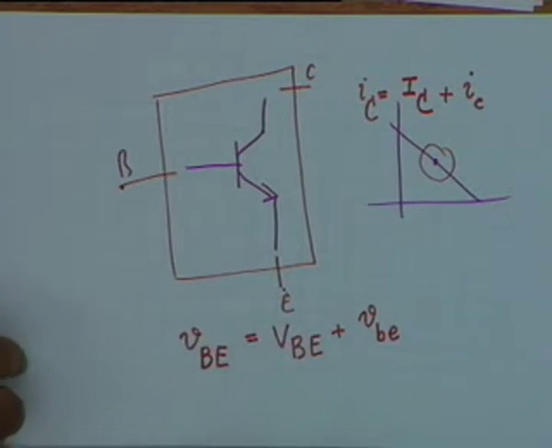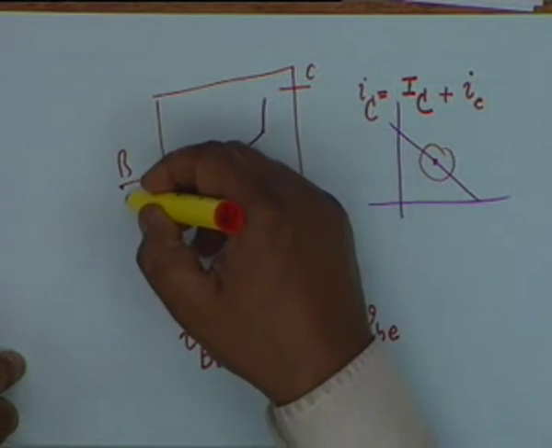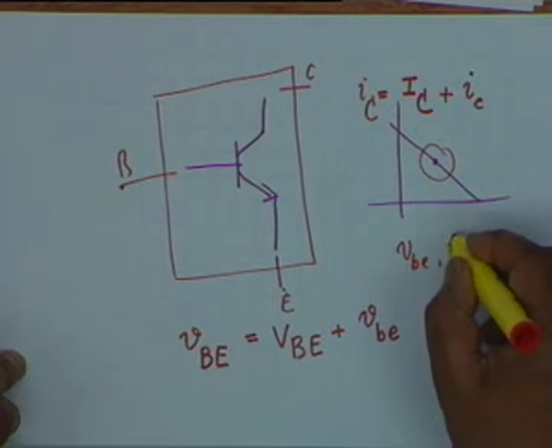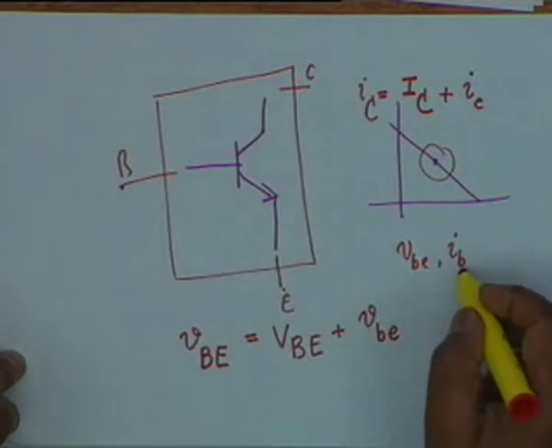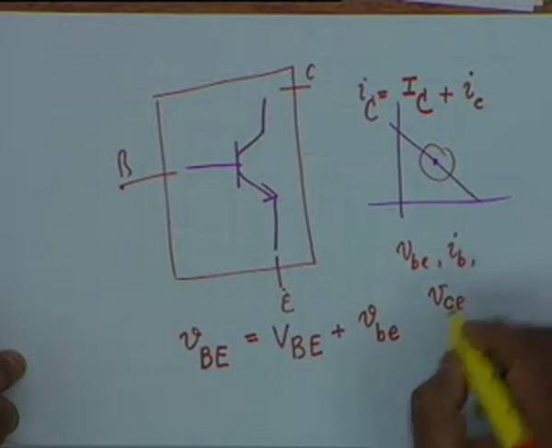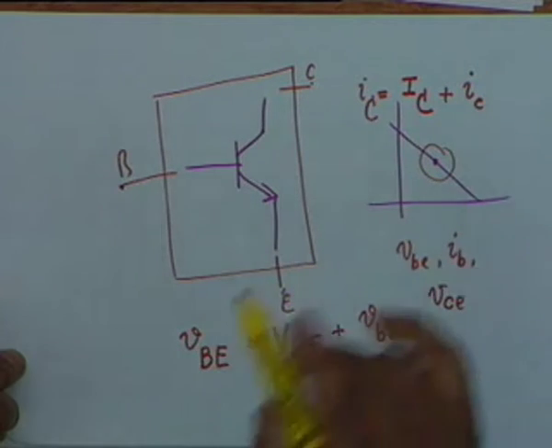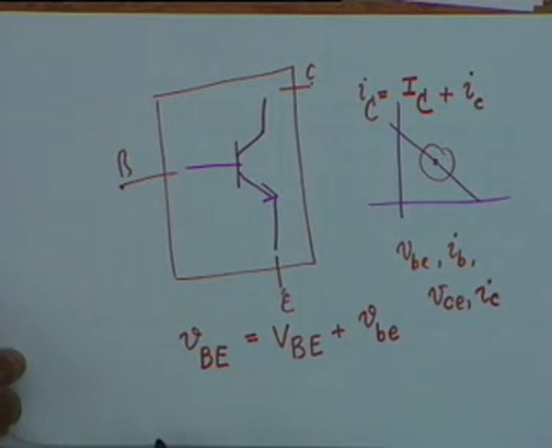So what we do is we relate the voltages VBE, I sub small b, that is the current going into the base, this is the signal current, then VCE, that is the voltage from collector to emitter, the small signal voltage, and I sub C as the 2 port variables.